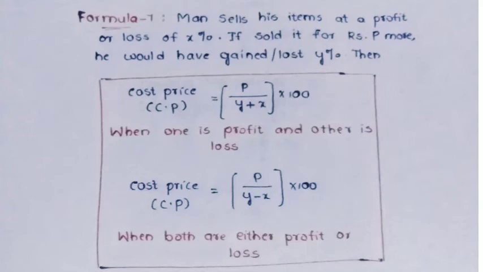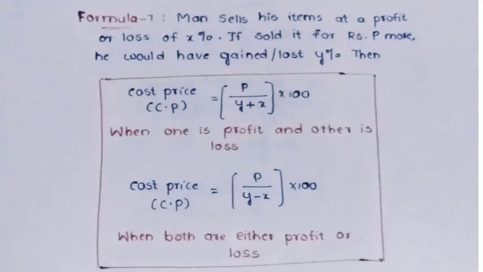For example, in this question the man has sold the first one at a profit of 13%, and again if he sold it for 25 rupees more, he got a profit of 18%. So here both are profit. So when both are profit, to find the cost price, we use the formula P divided by (Y minus X).